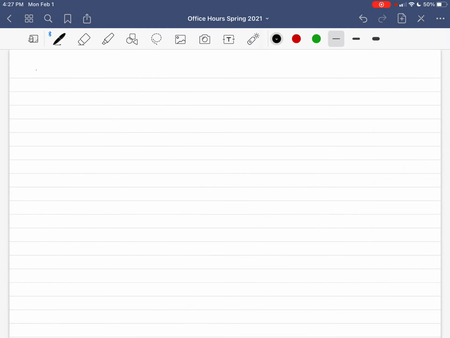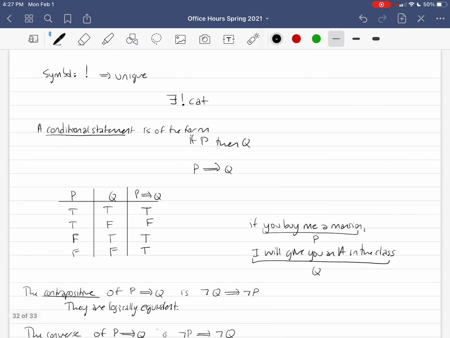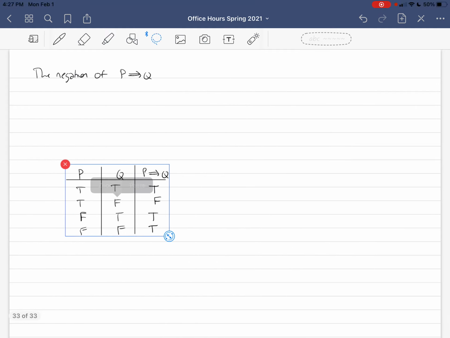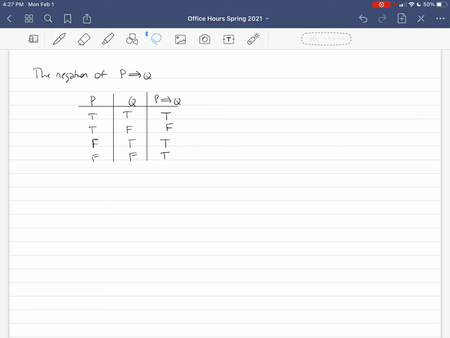Next, what is the negation of P implies Q? Remember, a negation must have the exact opposite truth values. Okay, so, if you remember our little truth table over here, okay, let's copy it to our new page and try to find something whose truth values are the exact opposite.